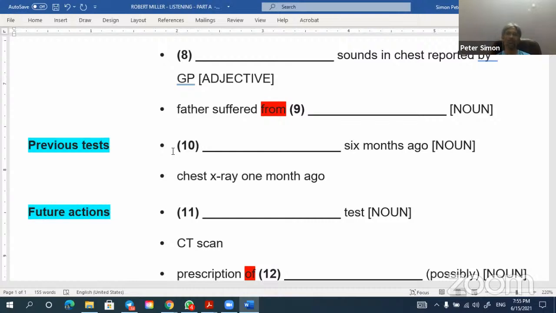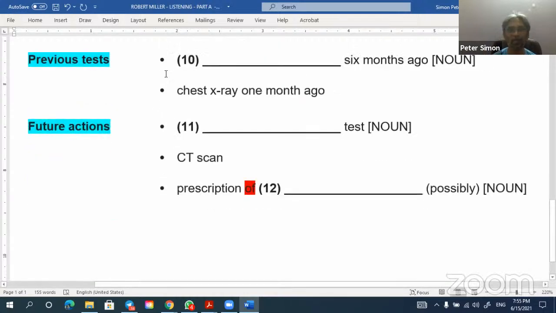Okay, so till here, till previous test, it is finding out all the information. And future actions are the suggestions.